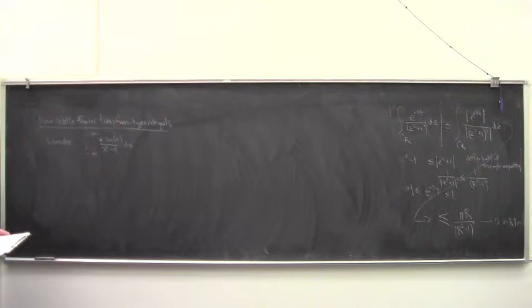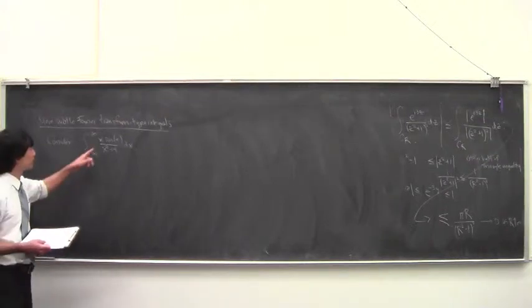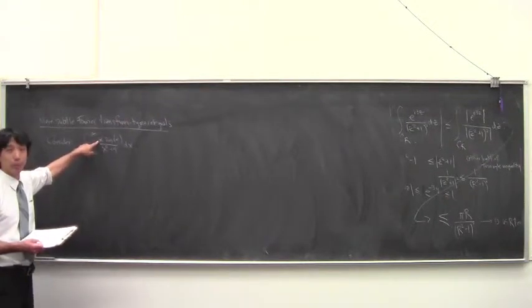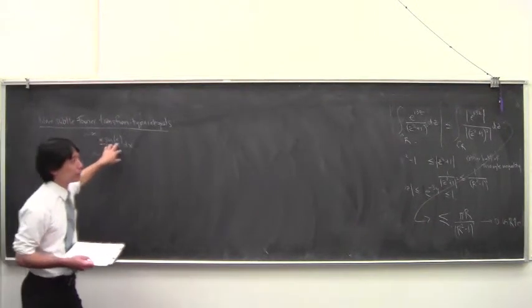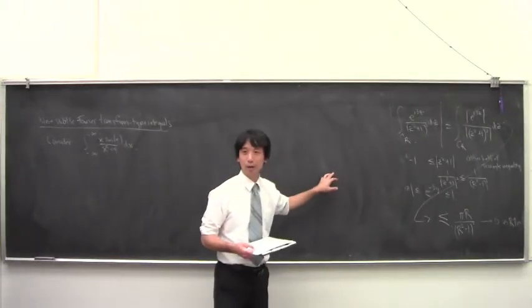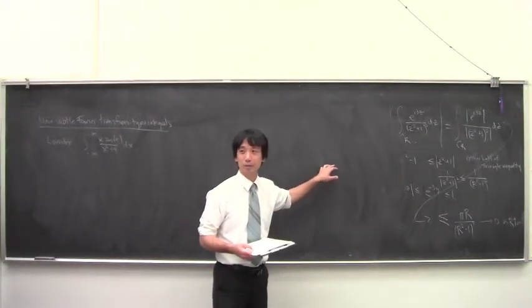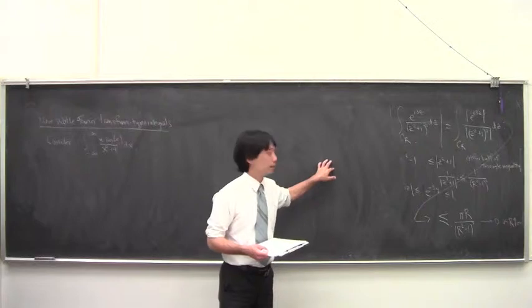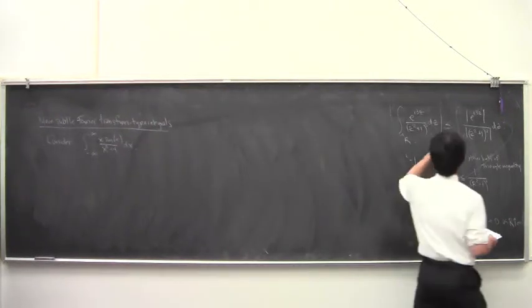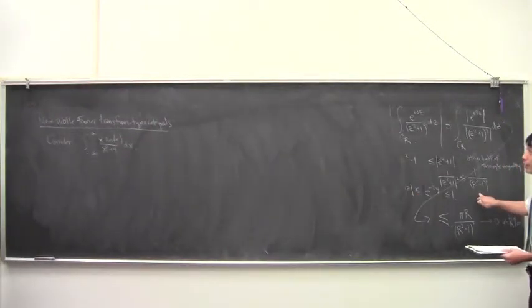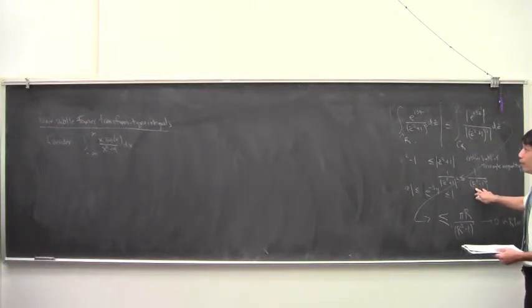Because you're going to have r on the top, and r squared on the bottom, so basically you've got 1 over r. But that's no good. You need 1 over r to the p, where p is bigger than 1. If you try to pull these bounds again, you would get r squared minus 4, and an r on the top, so r over r squared minus 4.